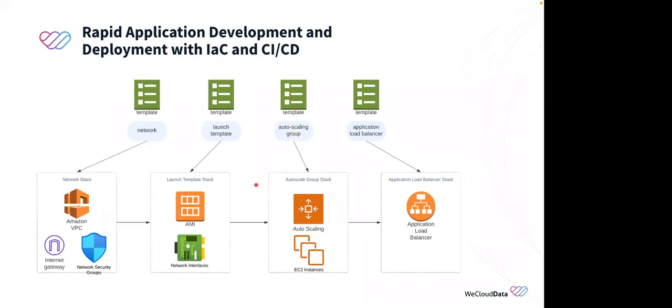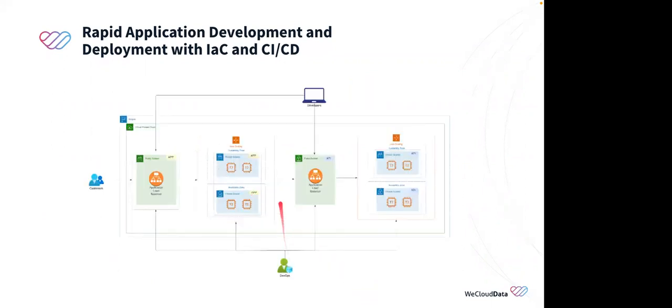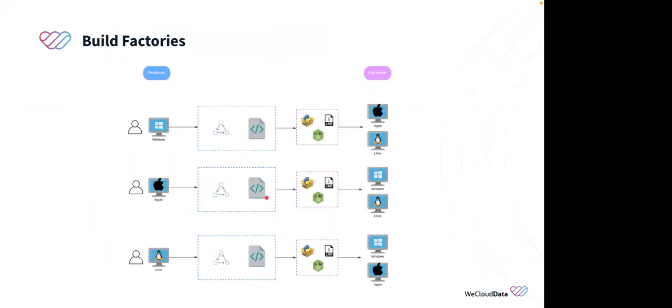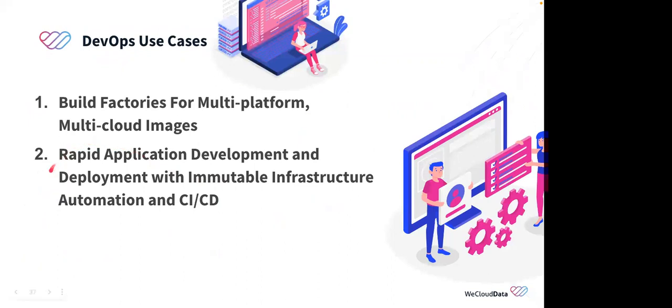Okay. So that wraps up the two very, very powerful and actually very common use cases in DevOps. And I mentioned this to Jean earlier, but I think Ramya, you weren't here when I was saying this, but the rapid application development and deployment with immutable infrastructure automation and CI/CD is actually something that we're building out for a client right now, using this setup.